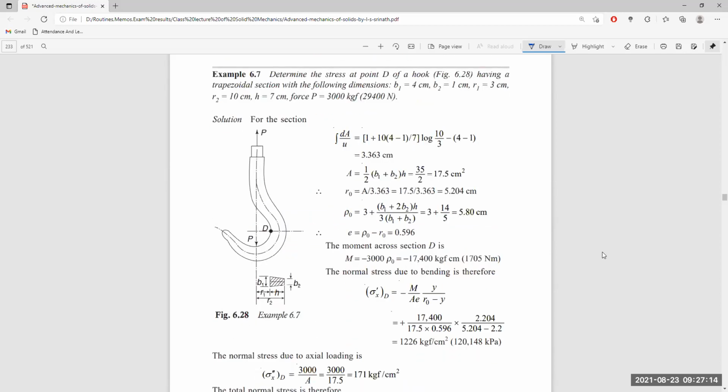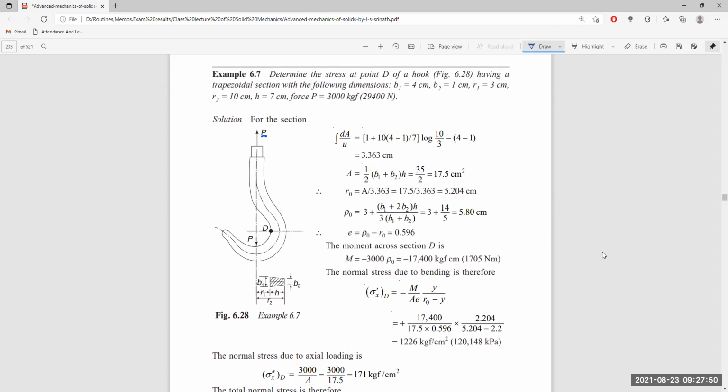Here we are considering the stress at a point D of a hook. This is the hook where the load P is carried through the center of the hook, and the horizontal line drawn from the extreme bend of the hook meets the vertical line going through the longitudinal axis of the hook.